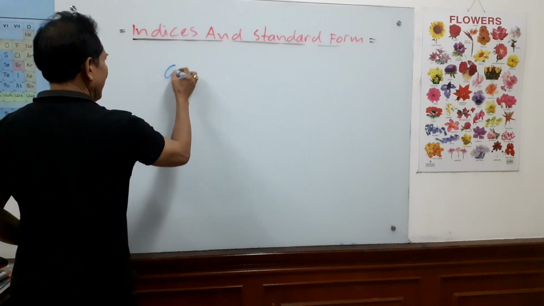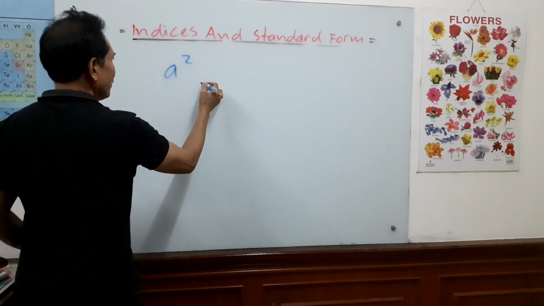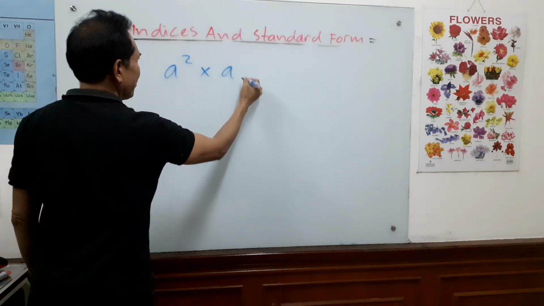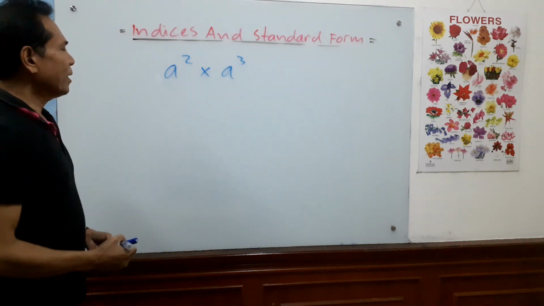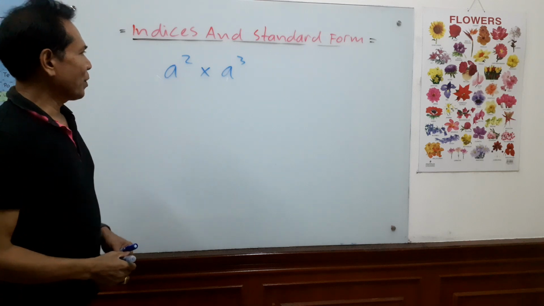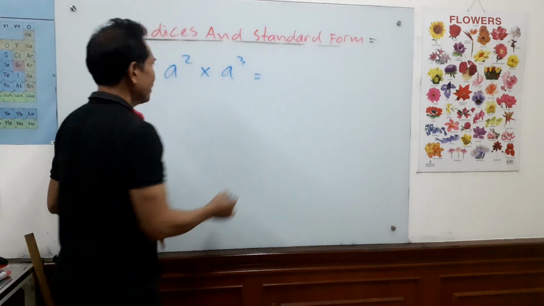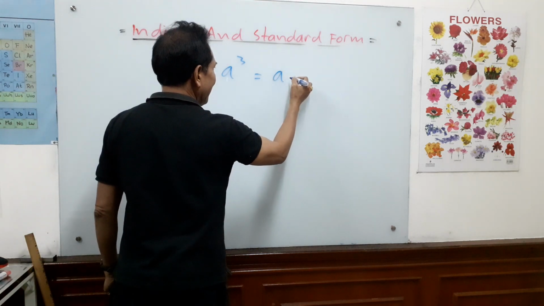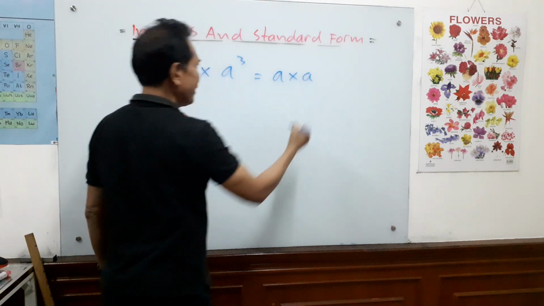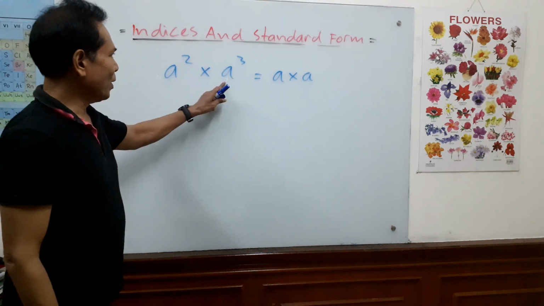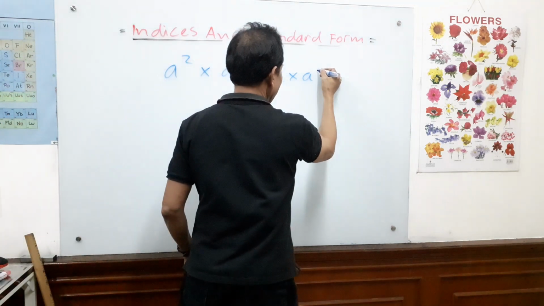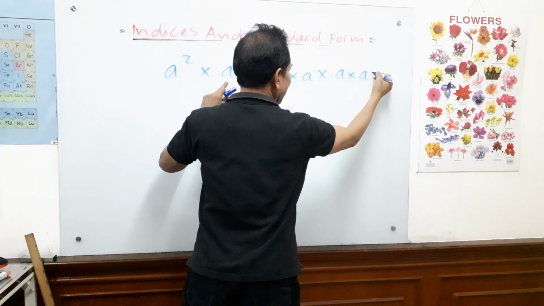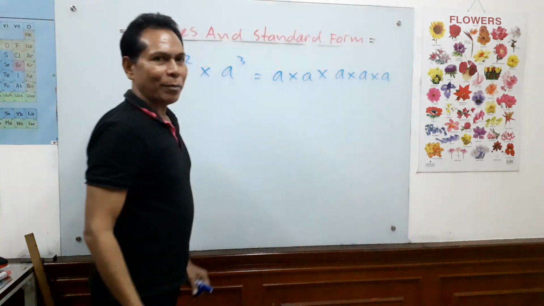For example, we have A power 2 times A power 3. So this means we multiply this A 2 times, so we have A times A. And for this one, after the multiplication sign, A times A times A, 3 times.